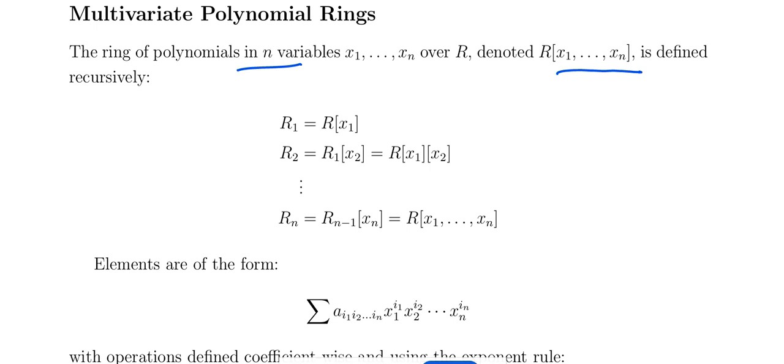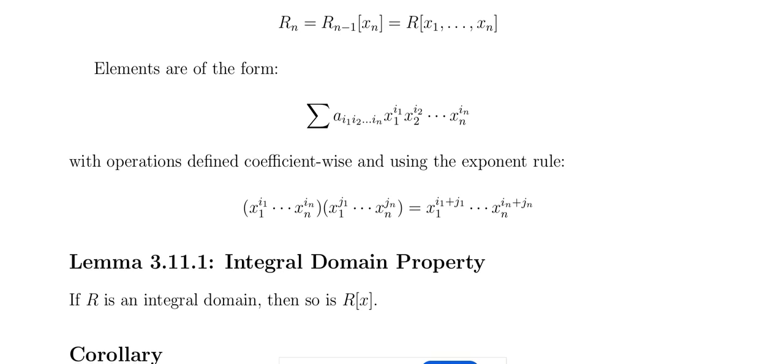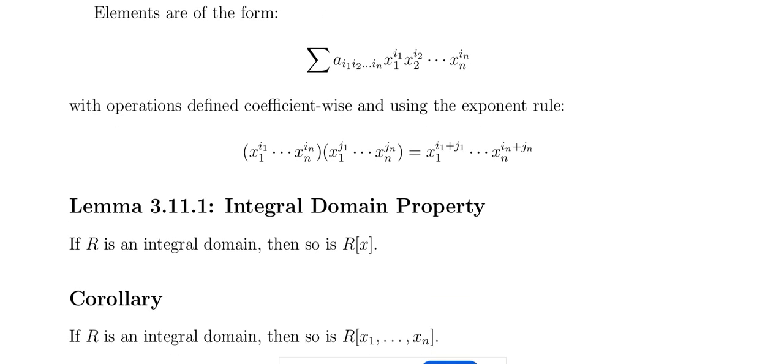Like this, Rn is R of x1, x2, ..., xn. Its elements are of the form like this, and the operations are defined like this.